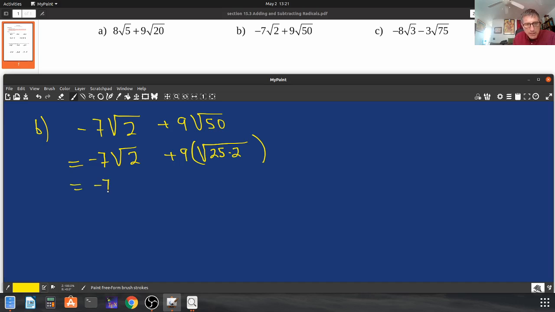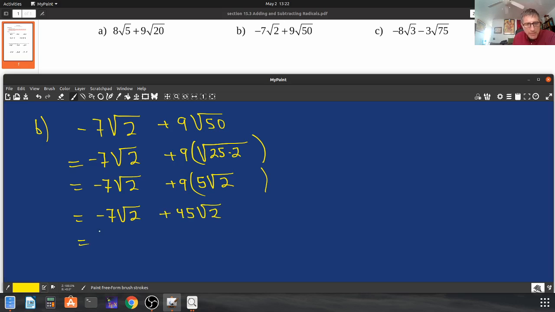So I'm not doing anything with my first term there. But I realized that the square root of 25 times 2 is the square root of 25 times the square root of 2. And the square root of 25 is 5. So it's the square root of 5 times 2. And 9 times 5 is 45.